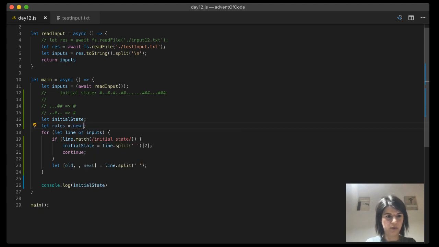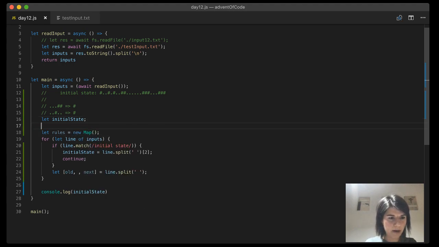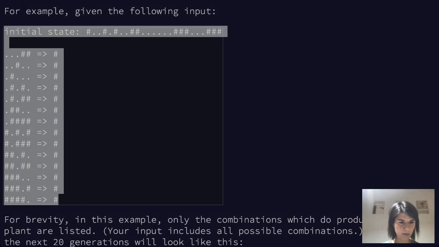So I want rules to be a map, and that rule contains, you need to know the index of each part. Why do I need to know the index? Don't I just want the sum? But did I misunderstand the problem?